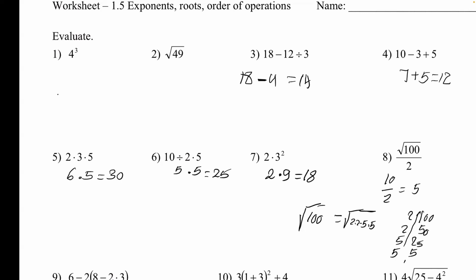I take one from every pair: 2 times 5 equals 10. This numerator 10 over 2 equals 5.